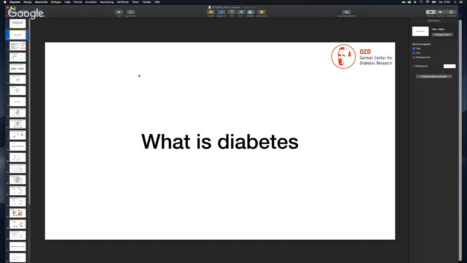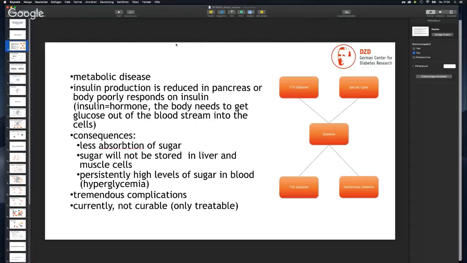First of all, what is diabetes? Diabetes is a metabolic disease where insulin, which is a little protein in your body that controls the sugar level and comes from the pancreas, is reduced in production, or your body responds pretty poorly to this little insulin molecule.